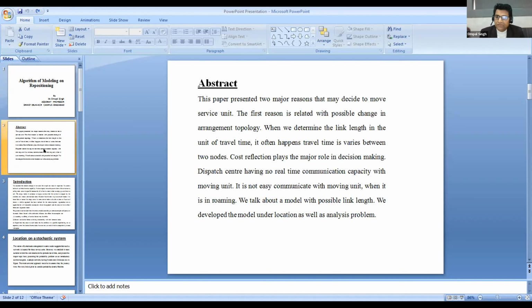The first reason is related to a possible change in arrangement. Cost reflection plays the major role in decision making. The dispatch center has no real-time communication capacity with the moving unit. It is not easy to communicate with a moving unit in this environment. We talk about a model with possible link length.